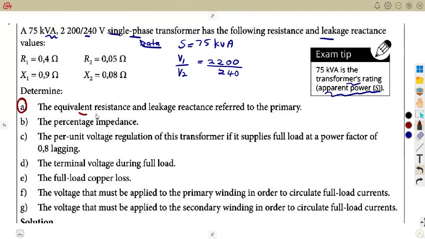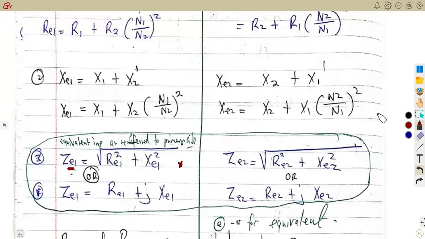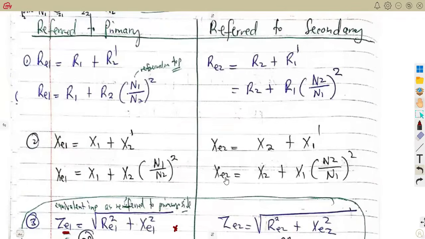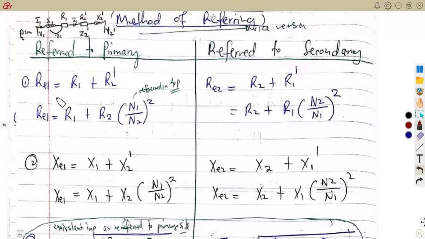A, determine the equivalent resistance and the leakage reactance referred to the primary side. Referred to the primary. What is our RE as it is referred to the primary? Remember, we had these calculations before, guys. Also XE, it's just a repetition, as it is referred to the primary side. So what is our RE there?